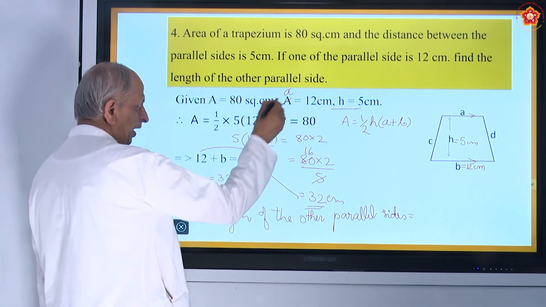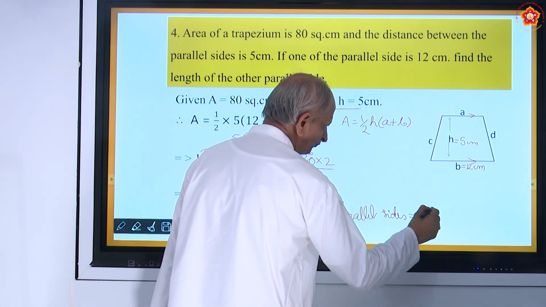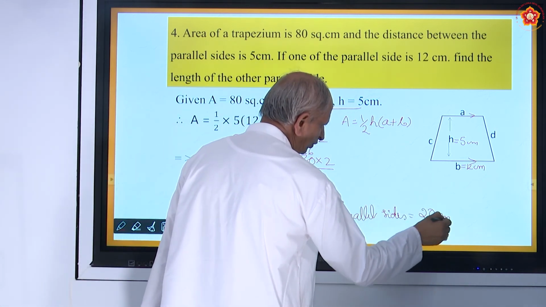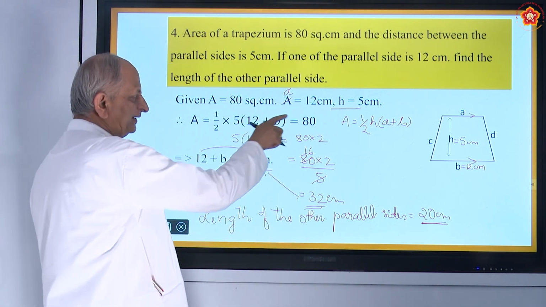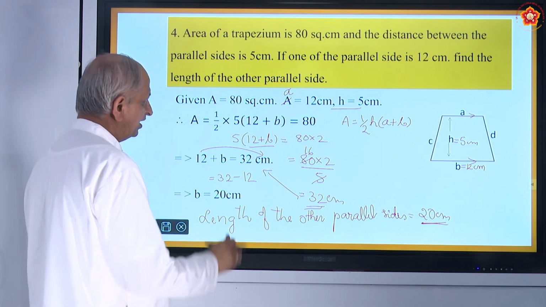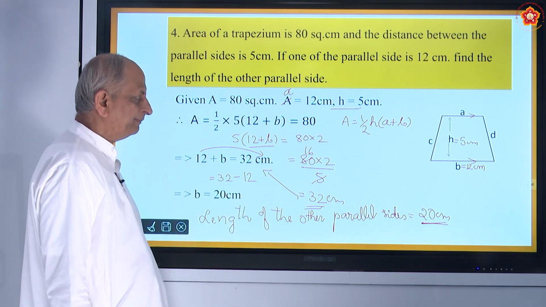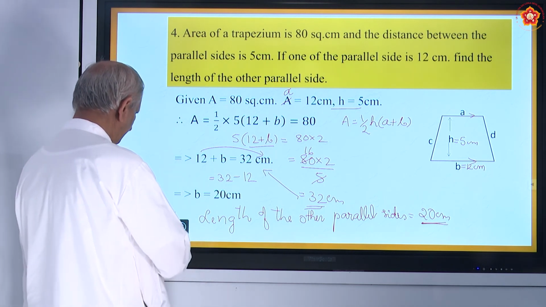One side is 12, the other side becomes 20. And if you apply this in this formula, you are bound to get 80. Okay, that is an important, interesting problem, carrying 2 marks in the examination.